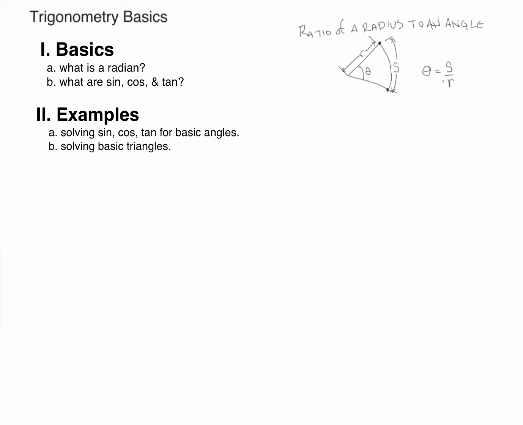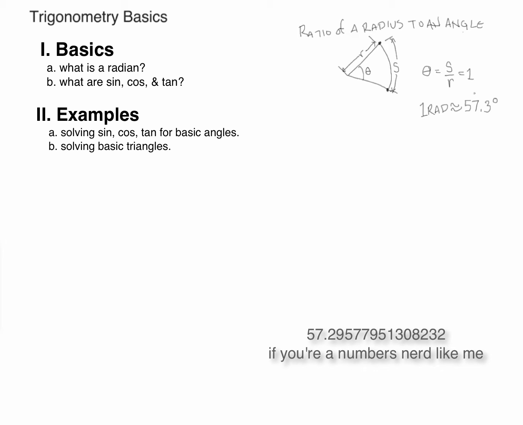So when this segment is the same size as the radius, then we get 1, and that's 1 radian. Now 1 radian is approximately 57.3 degrees, roughly. Really it is 57.2958, but we don't really need that crazy accuracy.